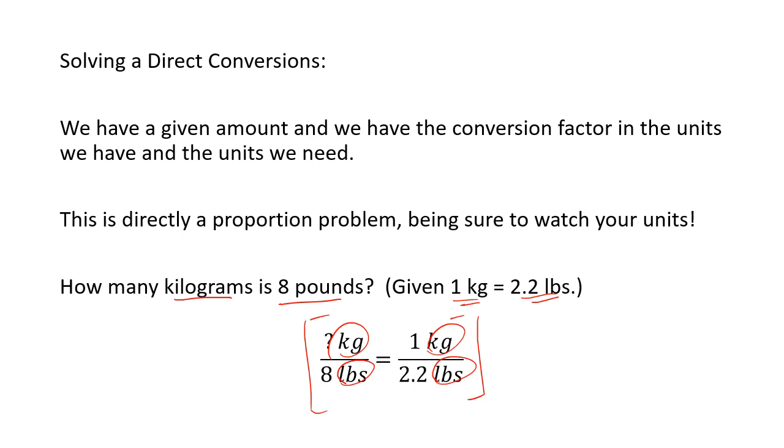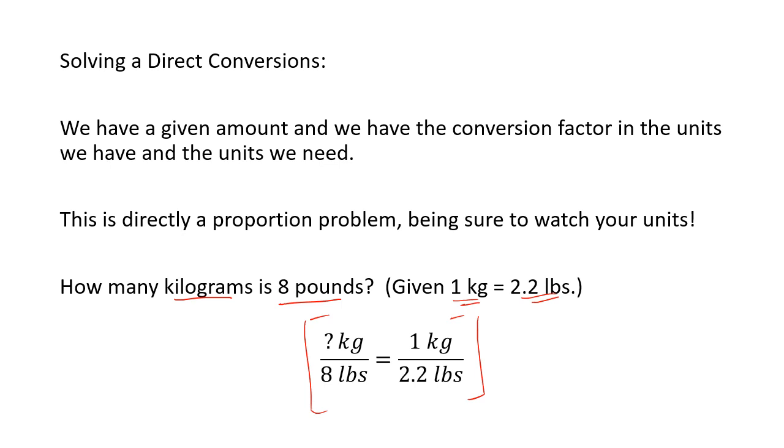Everything should align in that way. Once the units are set, then we just solve the proportion. Effectively, the units cancel. If we were to multiply this over, then we have kilograms times pounds on both sides, and they would effectively cancel.